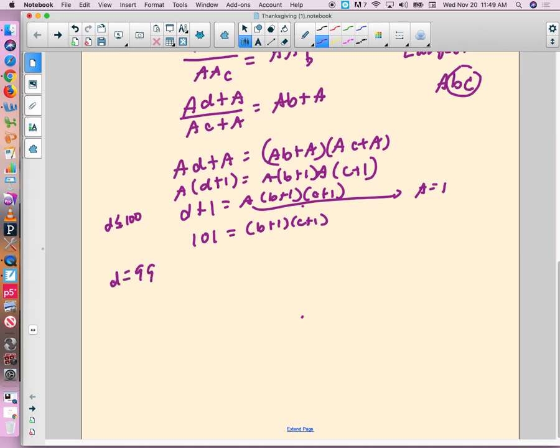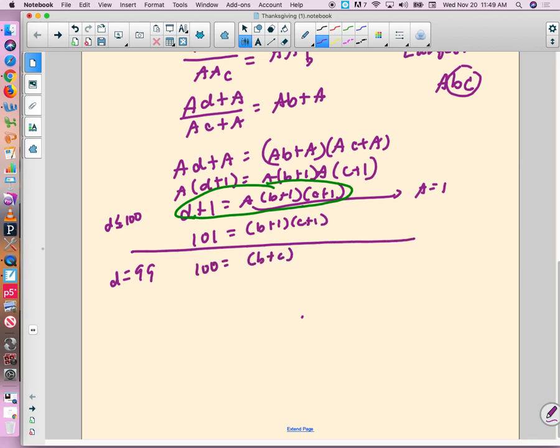All right, so I'm going to keep looking back at this green right here with A is 1. If D is 99, then I get 100 equals B plus 1 times C plus 1. You're looking for something to organize your information. I could use 4 and 25. If I was scattered, I couldn't get anything.